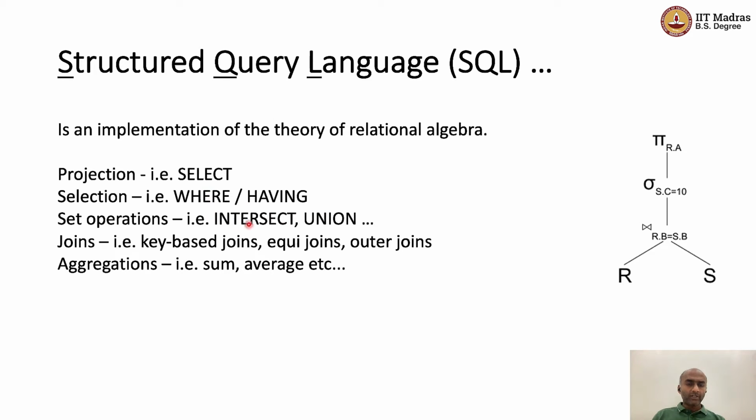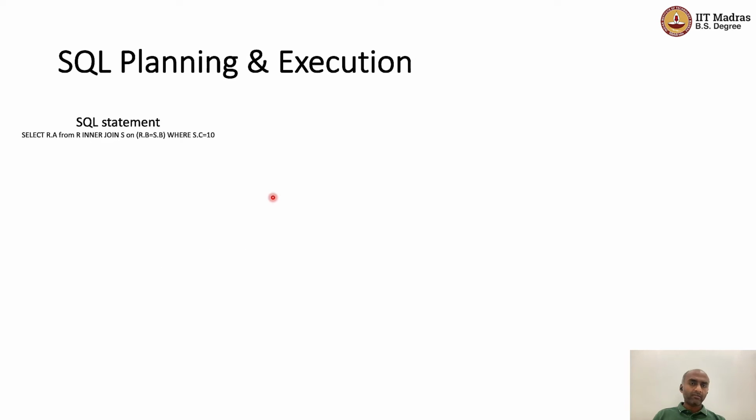Optionally, you could have some set operations, you could have some join operations. If you do aggregations, then you need a group by syntax. And if you do a group by, then you might think about having a having as well. A having is like a where clause, a selection, but it applies on top of aggregated data. So that's the syntactical sugar corresponding to what SQL is.